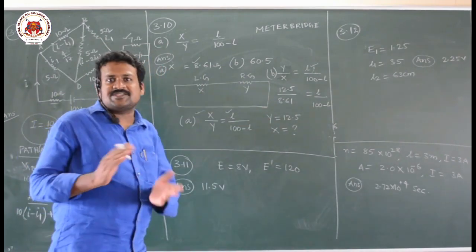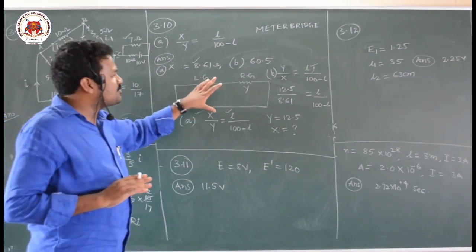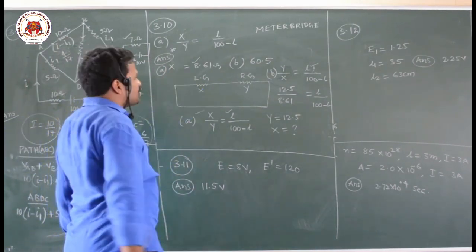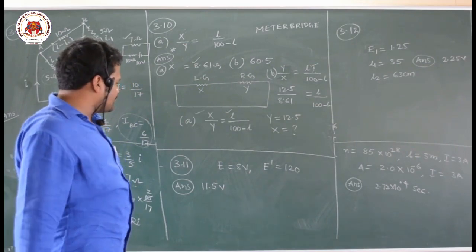When you interchange the resistances, the balancing length also changes. So this is one of the easy questions we can solve directly using the principle of the meter bridge.